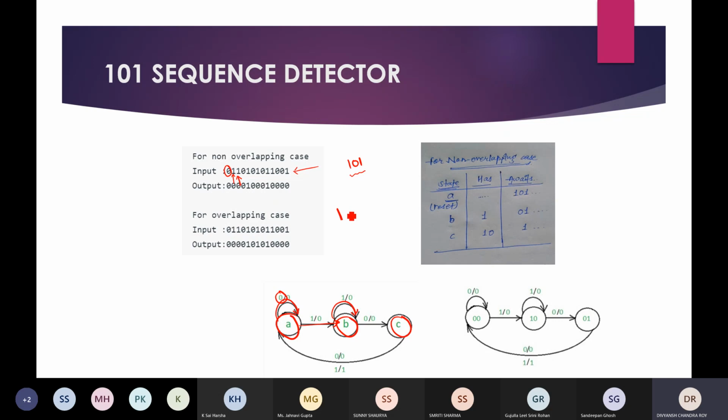If my input is 0, that is 10, then this is part of the sequence we are going to detect, so we move to the next state. If 1 happens again, then this is the detected sequence, and here I will produce output 1 and pass to the reset state. This is the non-overlapping sequence detector.